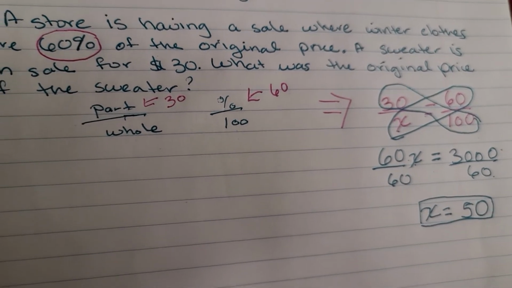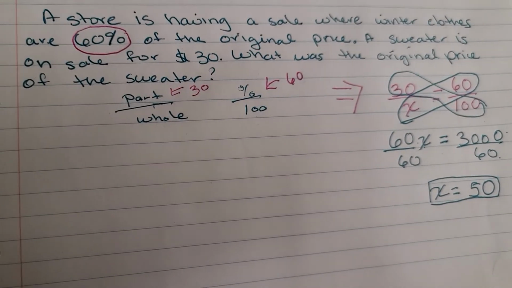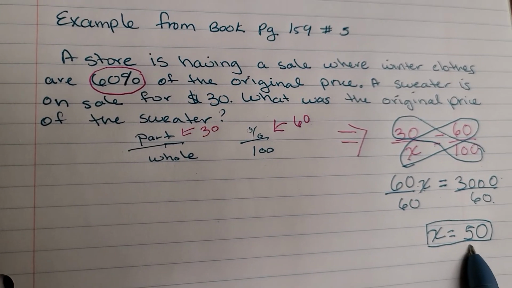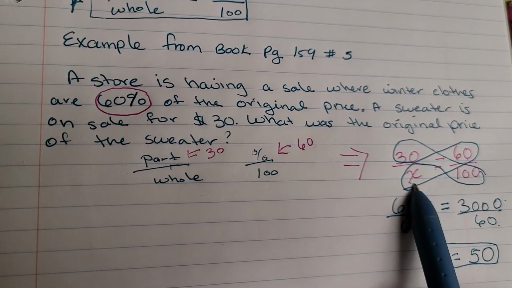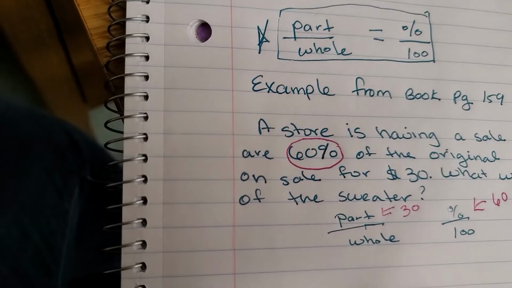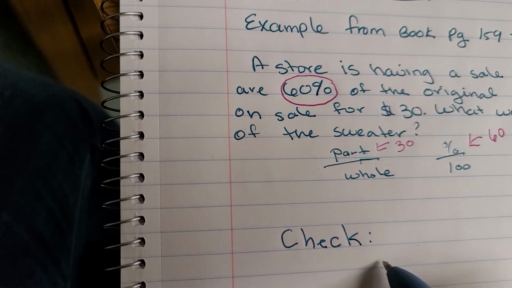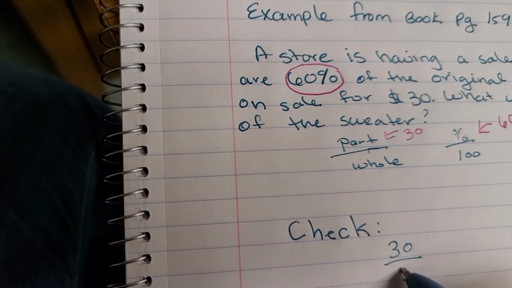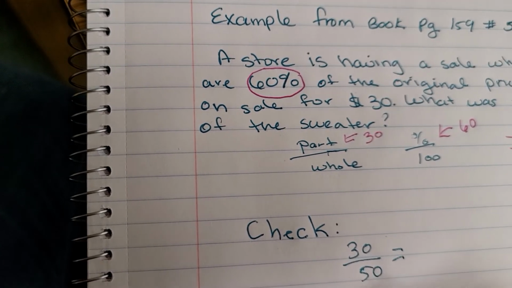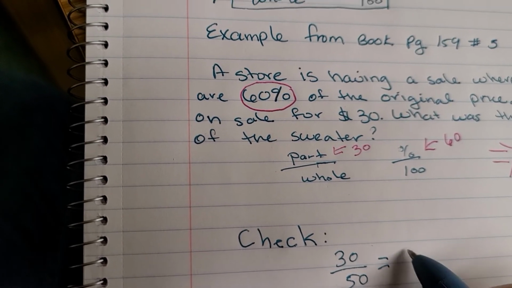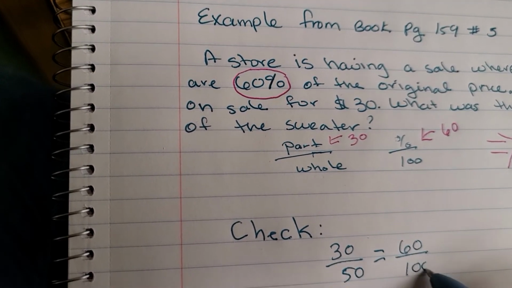Now let's go ahead and check it, okay, because we want to make sure. Let's substitute this one by X. So I'm going to put check here. Okay, and now I'm going to put 30 over 50 equals 60 over 100.